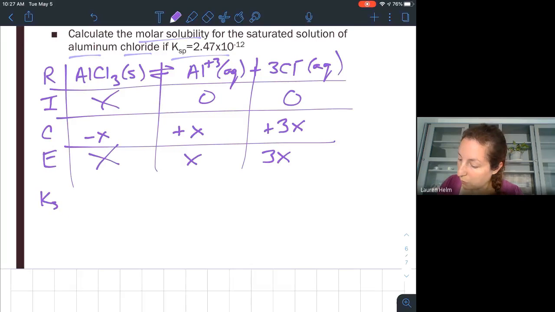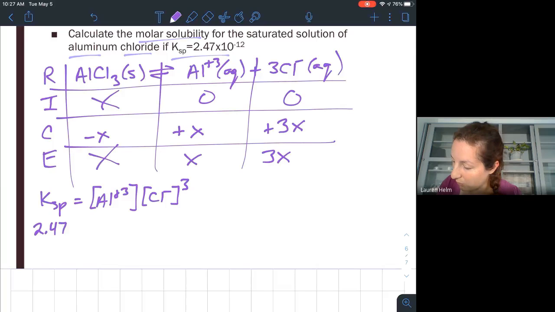Our equilibrium expression is the concentration of the aluminum ion times the concentration of the chloride ion cubed. Plug in what we know. We know the value of Ksp is 2.47 times 10 to the negative 12 equals x times 3x cubed.